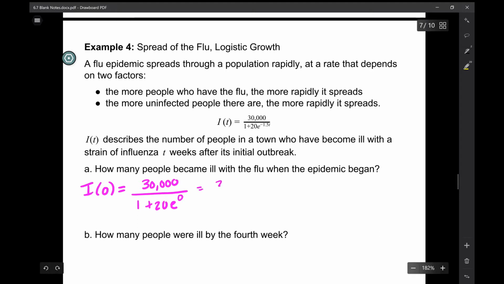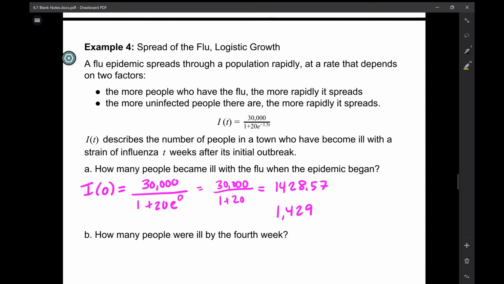So this is 30,000 over 1 plus 20, which is 21. And if we take 30,000 and divide it by 21, we get 1428.57. Since we're talking about people, we need to round to 1,429 people who became ill with the flu when the epidemic began.